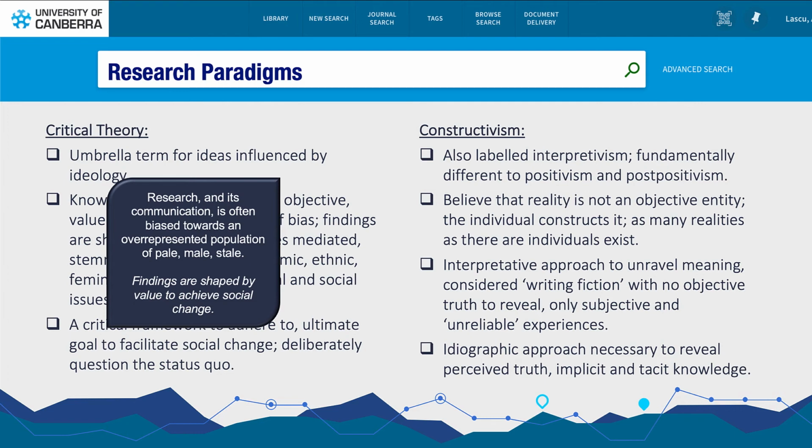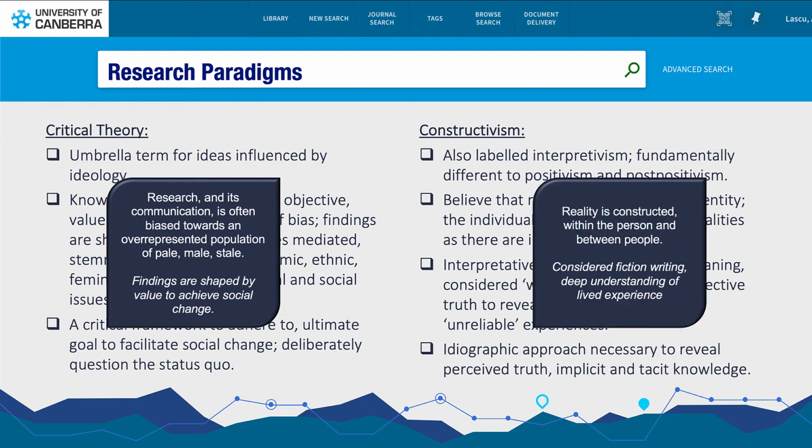The interpretive approach to unravel meaning is considered writing fiction in some cases, with no objective truth to reveal, only subjective and somewhat unreliable experiences. Its ideographic approach is necessary to reveal perceived truth and understand implicit and tacit knowledge. So reality is actually constructed within the person and between people. It may be considered fiction writing, but it provides a deep understanding of lived experience.